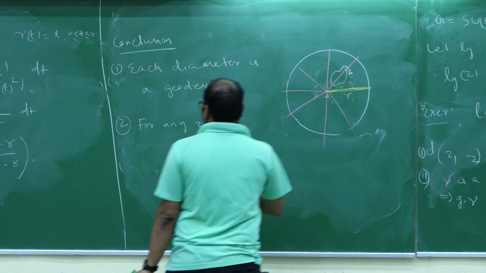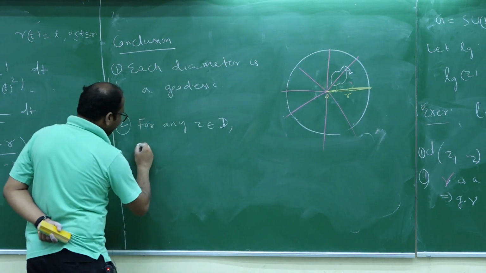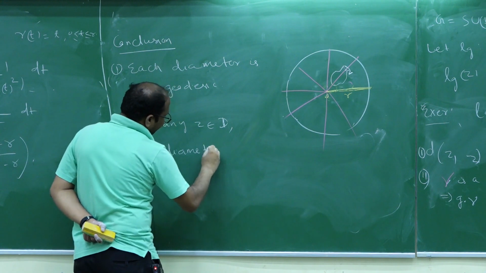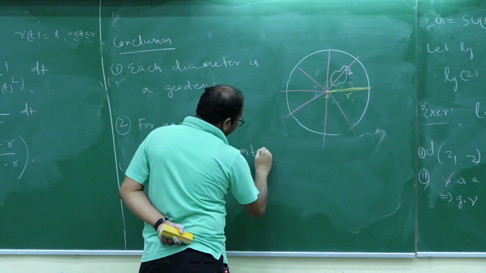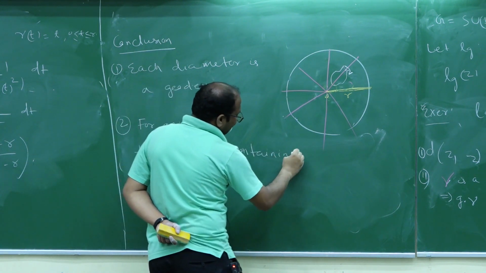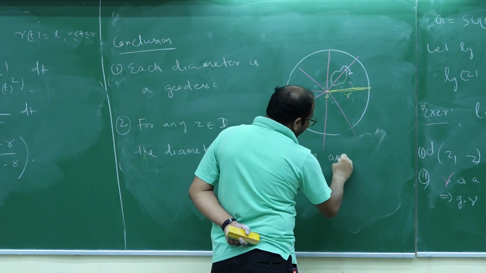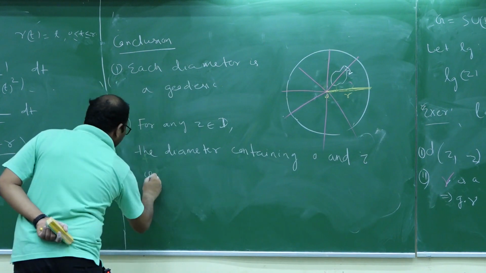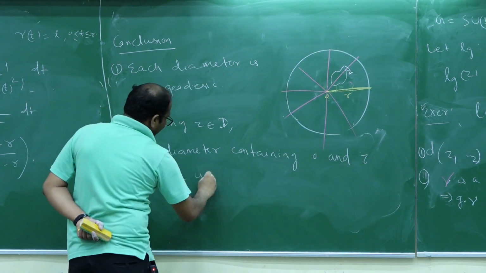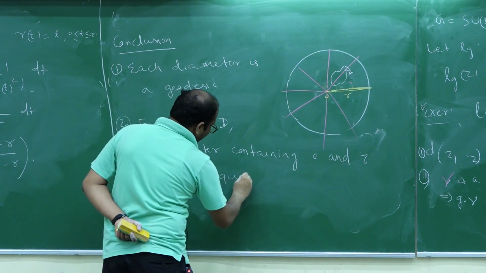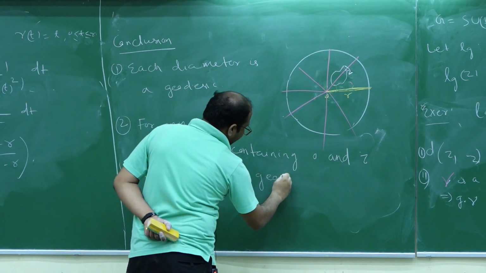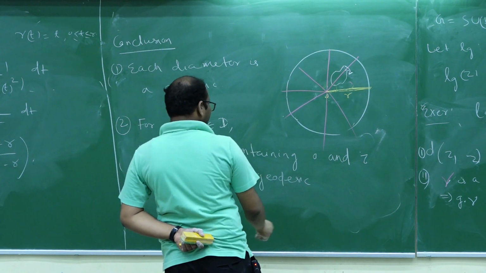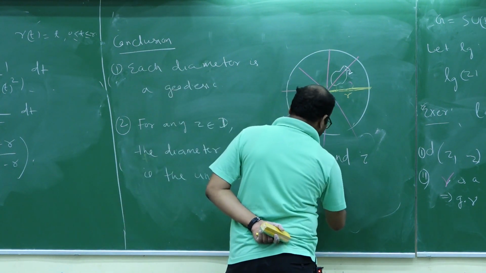Okay, so the line, the diameter containing 0 and z, is the unique geodesic passing through 0.